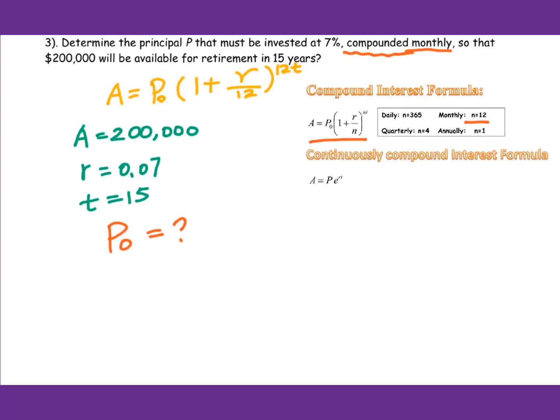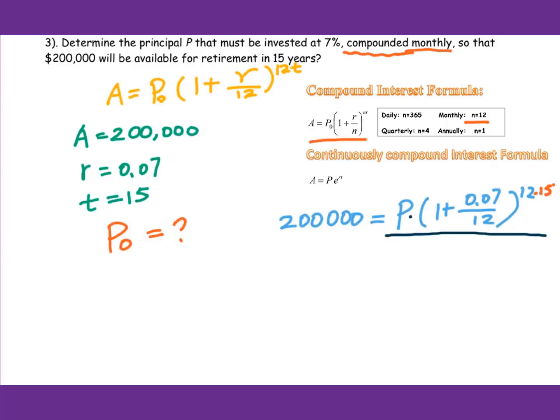Now we plug into this formula. We got 200,000 equals P times (1 plus 0.07 over 12) to the 12 times 15. When you look at this equation, you could see this is a linear function.